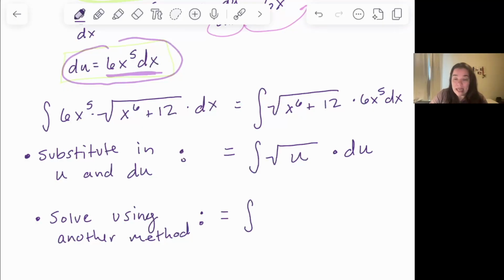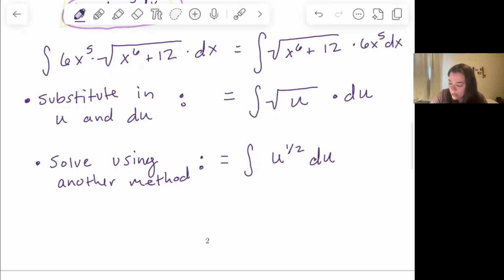As I rewrite, I know that the square root of u can be rewritten as u to the 1/2 du. Normally, we don't write that times sign between the integrand and the du, but it's not wrong to write it. We just normally don't write it. And now integrate using the power rule.